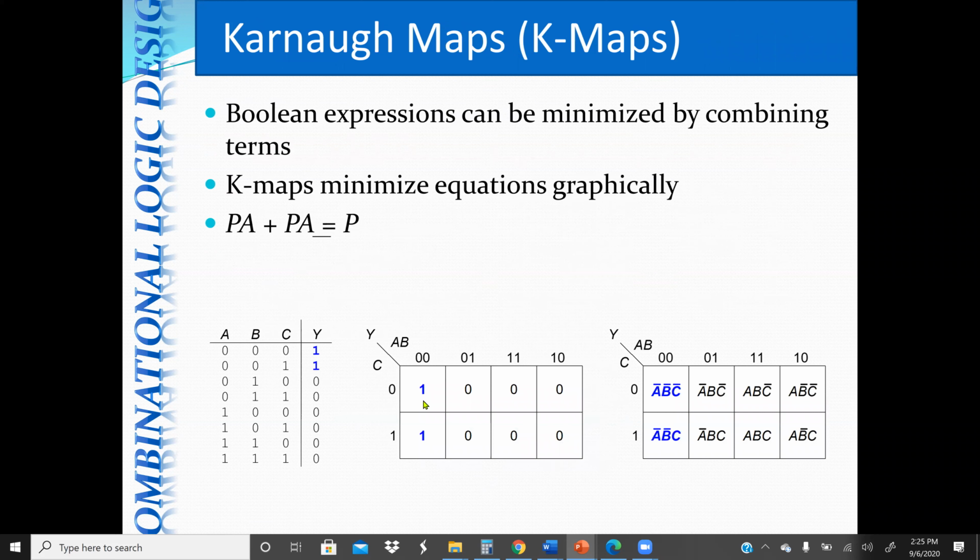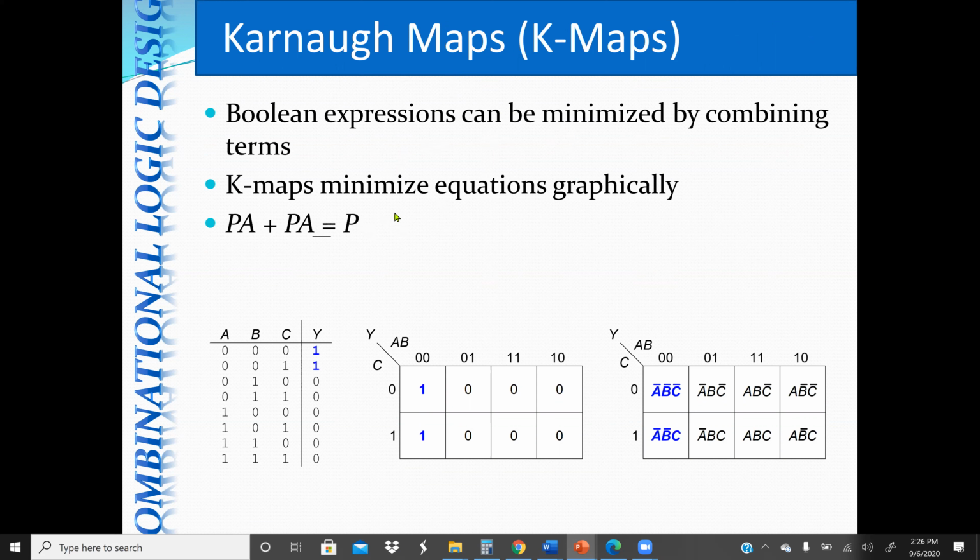So now we start with our main topic, which is the Karnaugh Maps. The goal of Karnaugh Maps is to reduce the circuit elements or the nodes. A Boolean expression, of course, we saw can be minimized by combining terms using the Boolean identities.